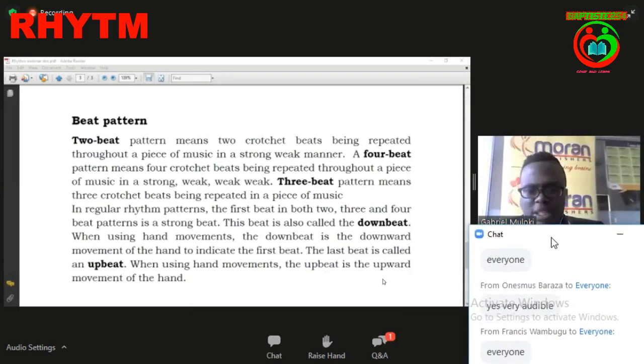You can use common examples of songs which are in 3-beat pattern, so that learners can hear clearly the strong, weak, weak, strong, weak, weak.